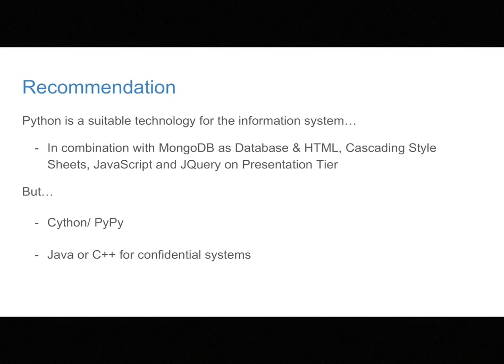And then for the issues, we believe that for the runtime speed, Python's extensions Cython and PyPy could be used. These give Python a runtime speed similar to that of C or C++. And then for the security issues, potentially another programming language has to be used, such as Java or C++, for the more personal systems such as grades.